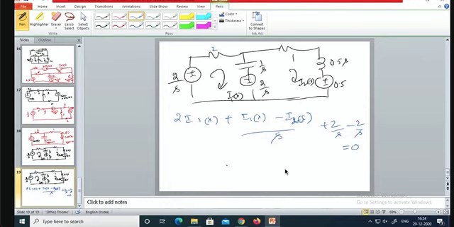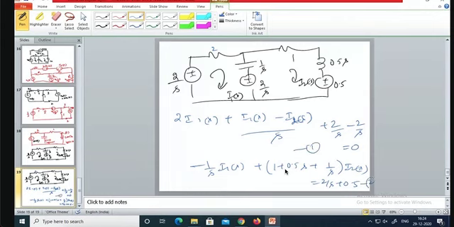Similarly, on the right hand side, if you apply, you get minus 1 by S into I1 of S plus 1 plus 0.5 S plus 1 by S into I2 of S is equal to 2 by S plus 0.5. So this is the second equation. First equation and second equation. Very simple KVL.